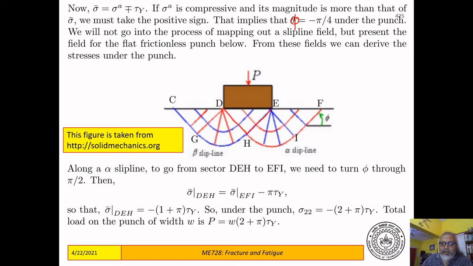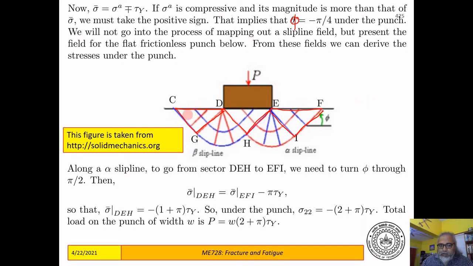Since that cannot happen, we conclude that there are regions under the punch and under the free surfaces where the slip lines have to be straight and at plus minus 45 degrees to the x1 axis.